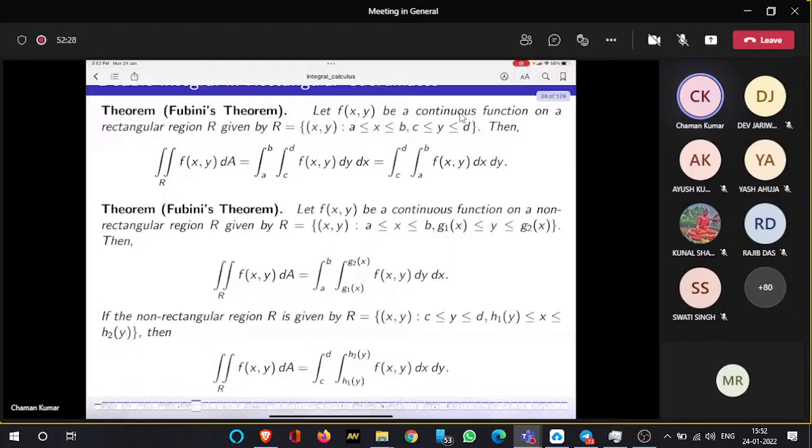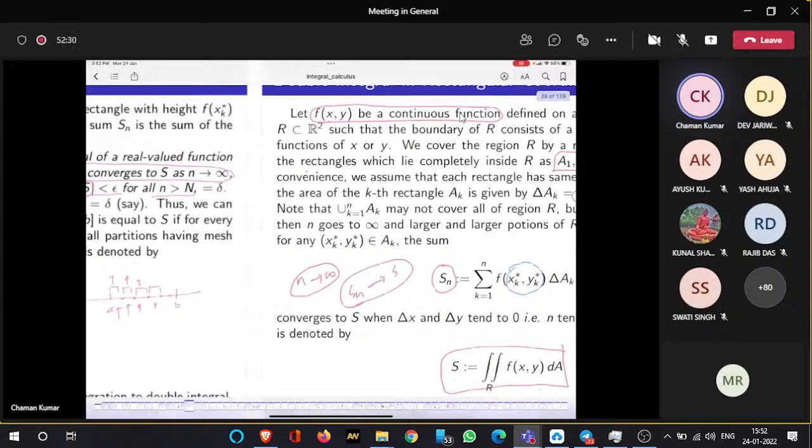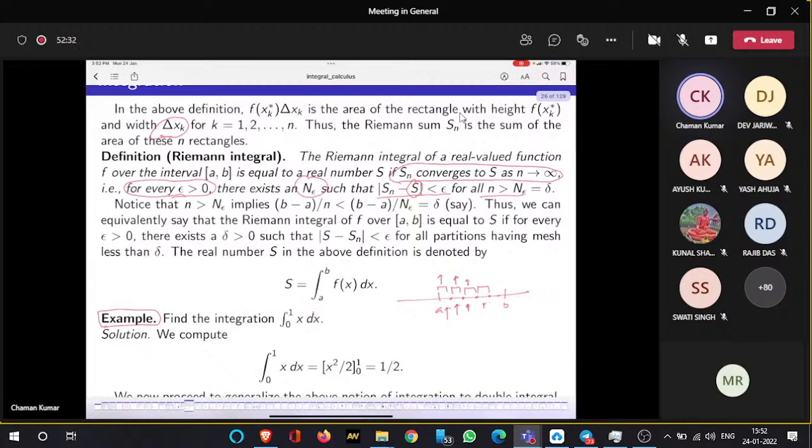How to construct the Riemann sum is already given on the slide. The difficult part is to prove Sn converges to S when n goes to infinity. That means proving that for every epsilon there is an n epsilon such that |Sn minus S| is less than epsilon for all n greater than n epsilon.